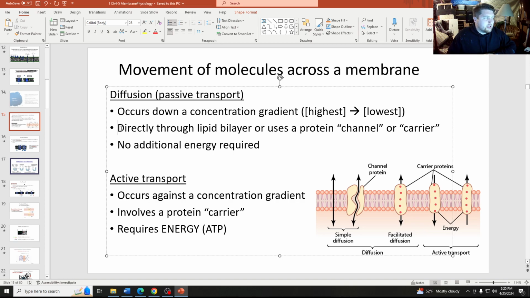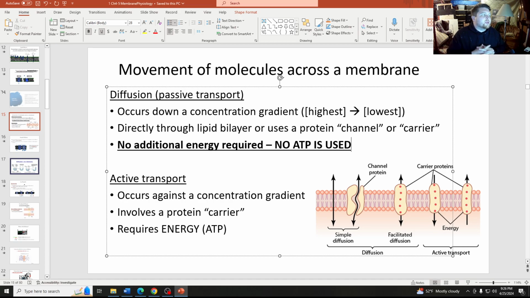This is directly through the lipid bilayer, or it uses the channel or the protein carrier, either way. The big thing about passive transport is that it is passive, meaning no energy required. Remember this, no ATP is used for simple diffusion, aka passive transport.